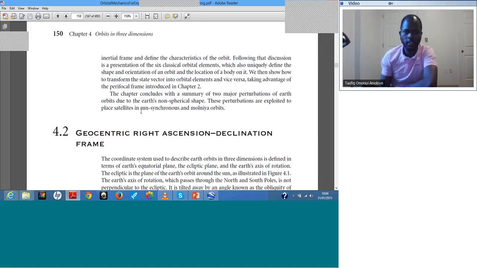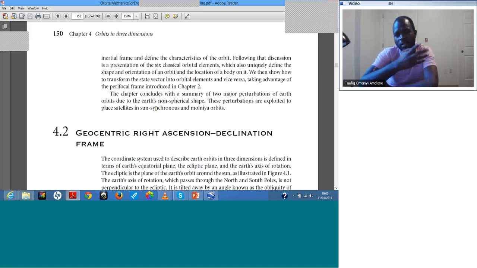When you hear the word sun synchronous orbit, we'll get to know what that means much more technically later on. But what comes to mind immediately is that the satellite in a sun synchronous orbit, called the sun synchronous satellite, must be in sync with the motion of the Earth, with the motion of the Sun.